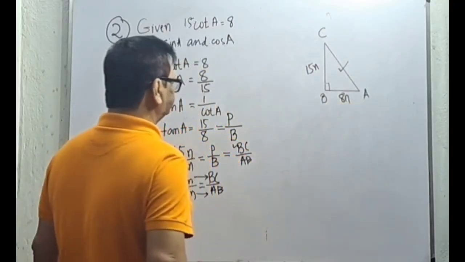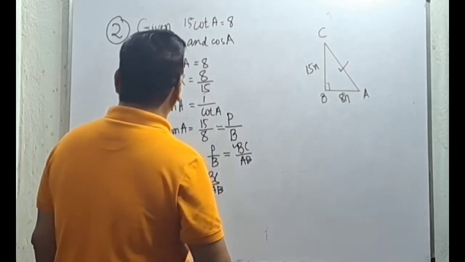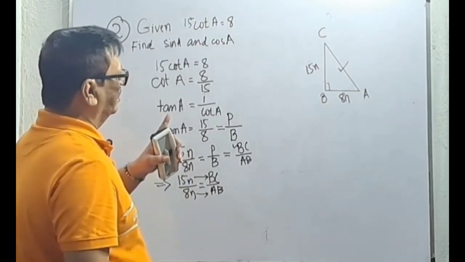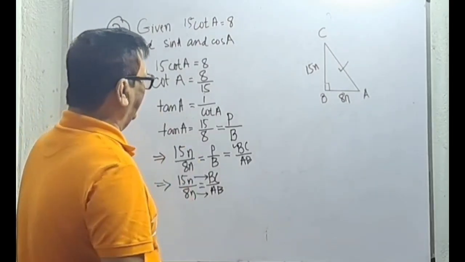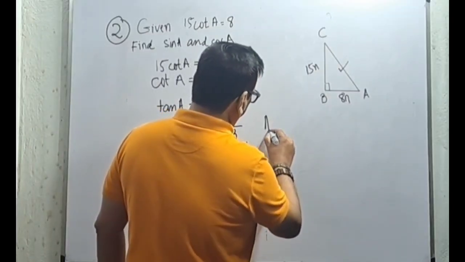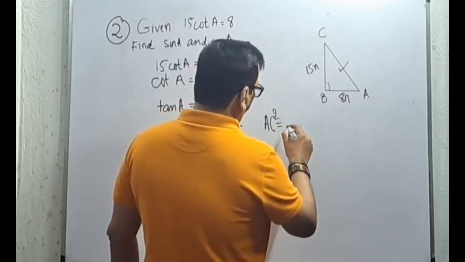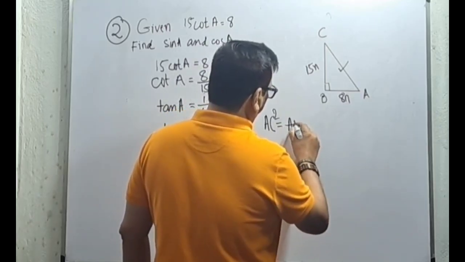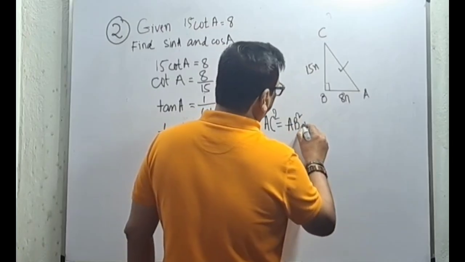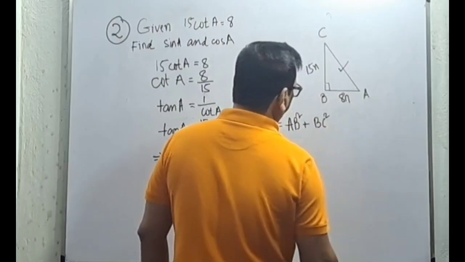Correct? So far so good, right? Now we'll try to find out the value of AC. So AC square is equal to AB square plus BC square, correct?